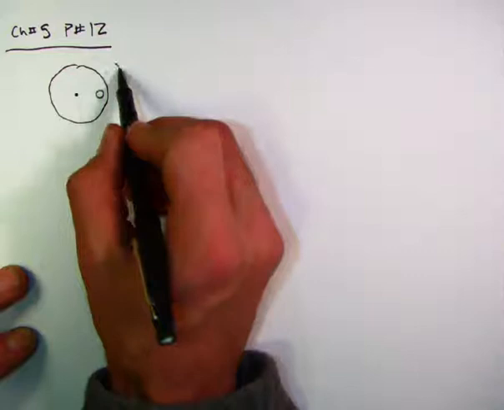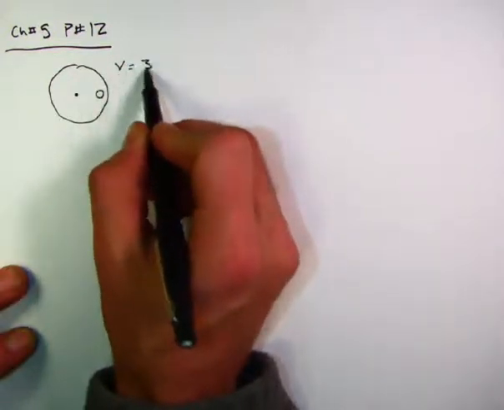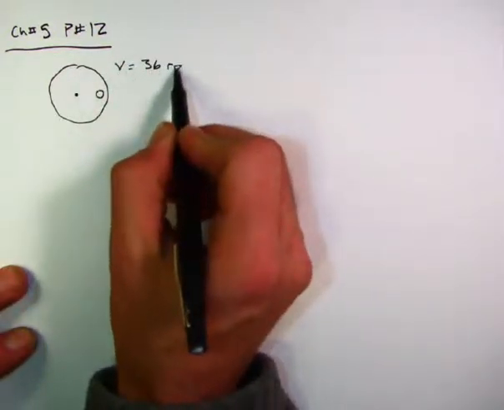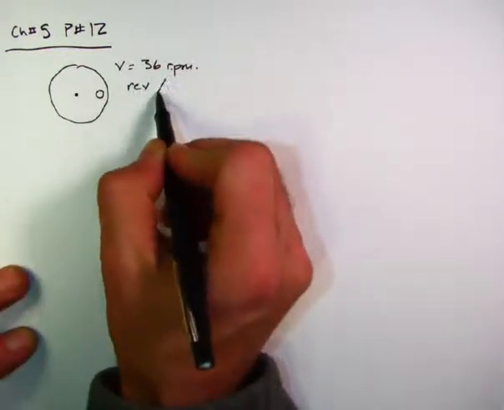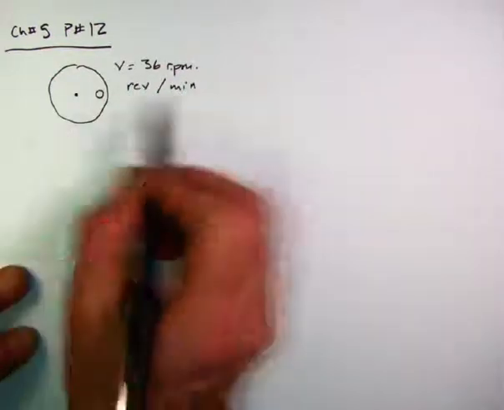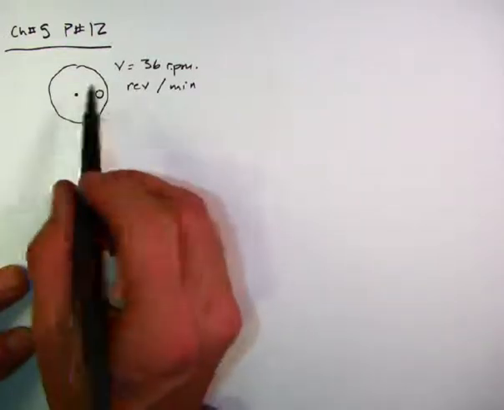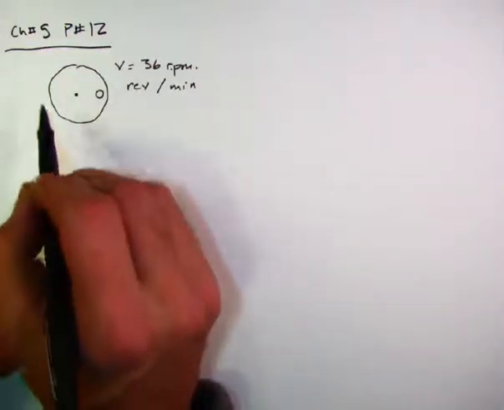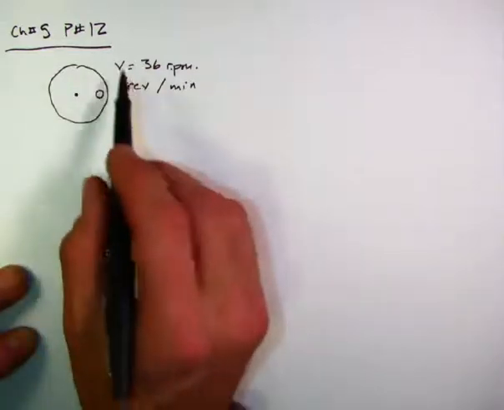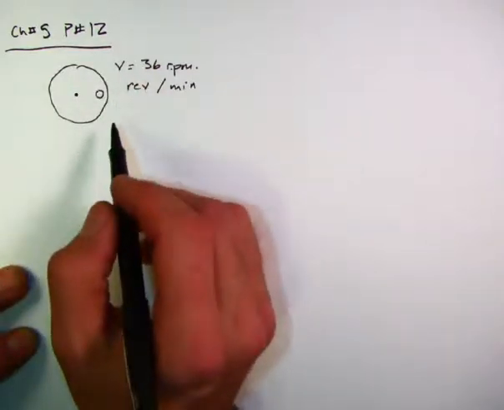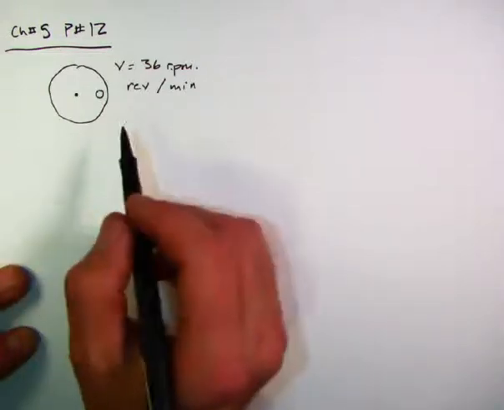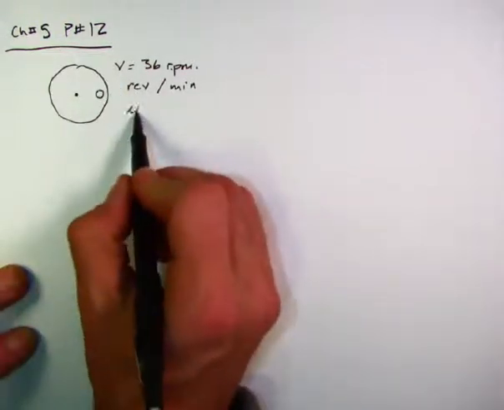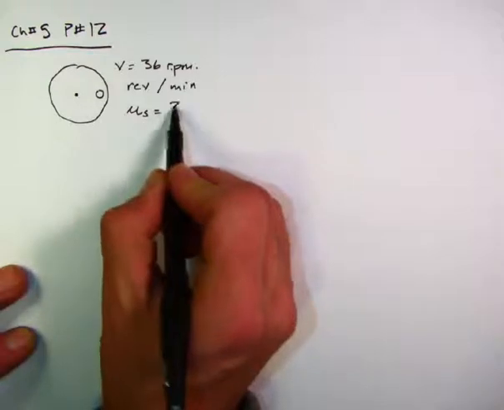When the turntable gets up to a speed of 36 RPM, which stands for revolutions per minute, the coin slides off. What is the coefficient of static friction?